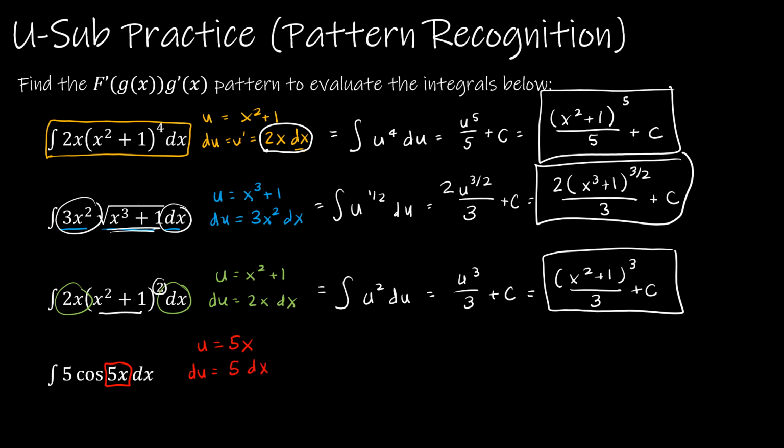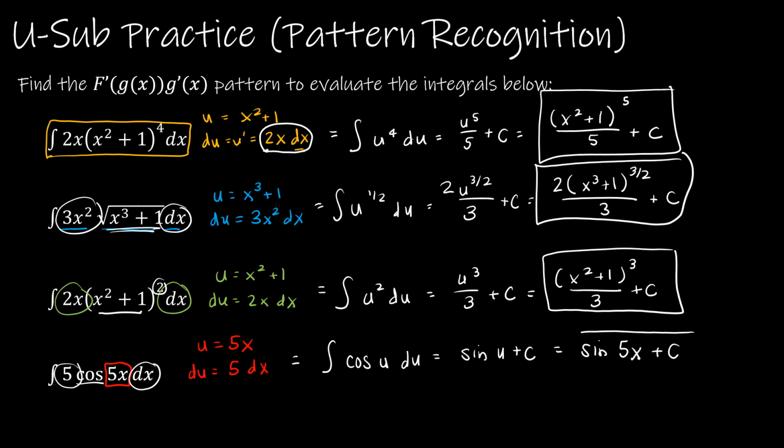So now I can rewrite this as the integral of cosine of u, and then 5 dx is du. So what is the integral of the cosine of u? It's the sine of u plus c. So now I'm going to rewrite it as the sine of 5x, because u gets replaced with 5x plus c.